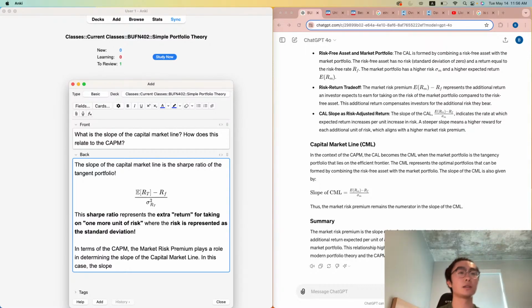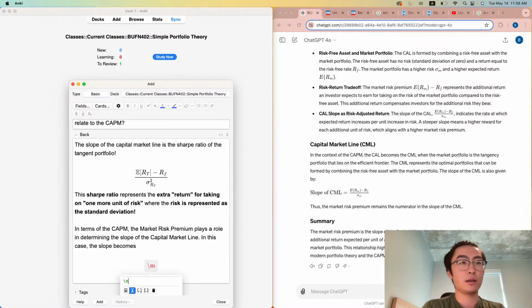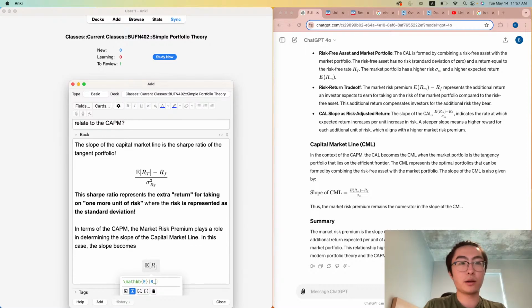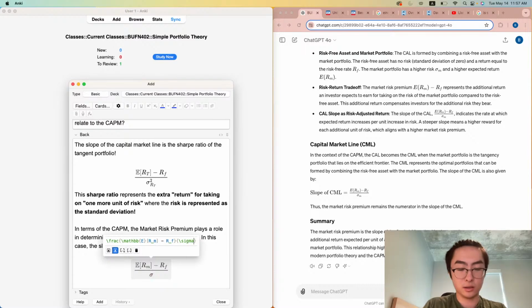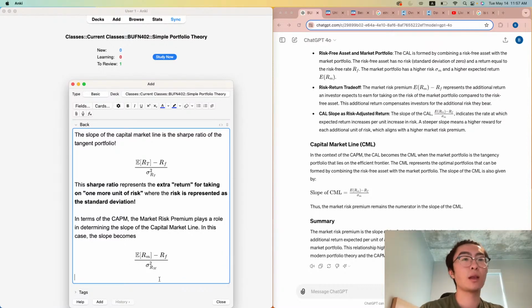In this case, the slope becomes the expectation of our market return minus the risk-free rate, divided by sigma of the market portfolio.